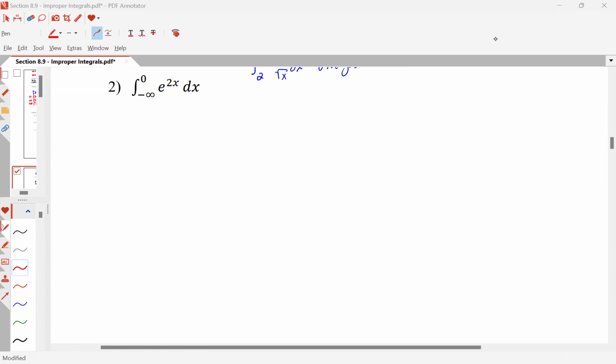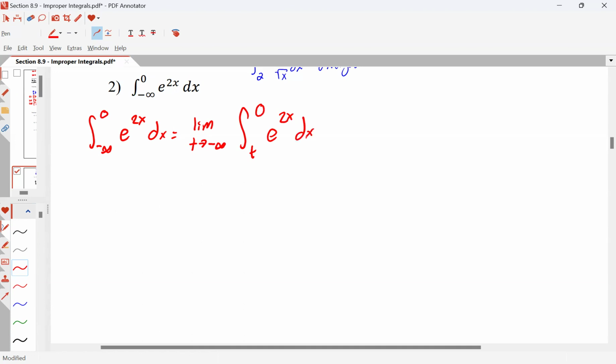First thing, at any point, if we see a bound of infinity, we want to switch that bound out for a limit. So we're going to do the limit as t goes to negative infinity of the integral from t to 0 of e to the 2x dx.